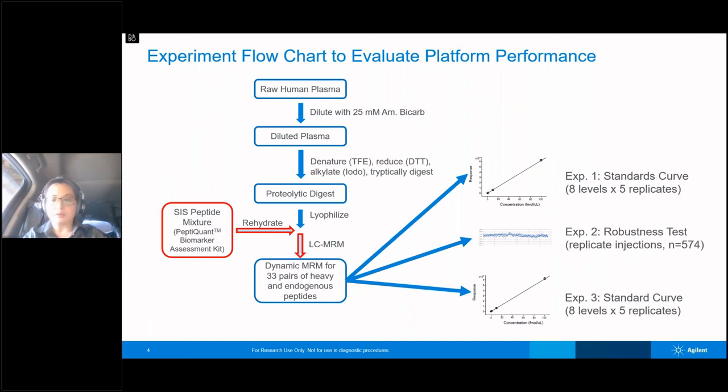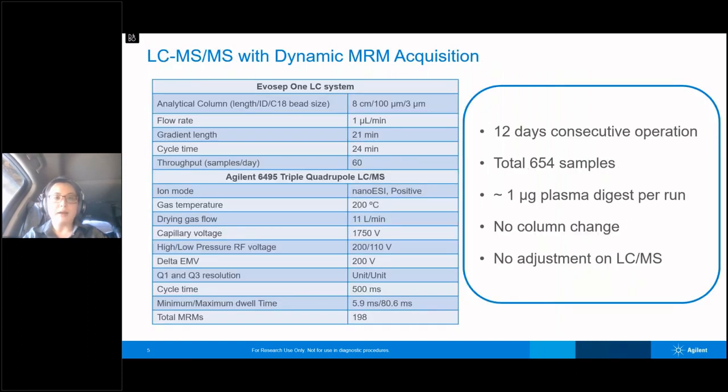Before I show the data, I would like to highlight a few things regarding the LC-MS used for these experiments. We use an analytical column that is 8 centimeters long with 100 micron ID, packed with 3 micron C18 beads, and the LC flow rate is 1 microliter per minute.